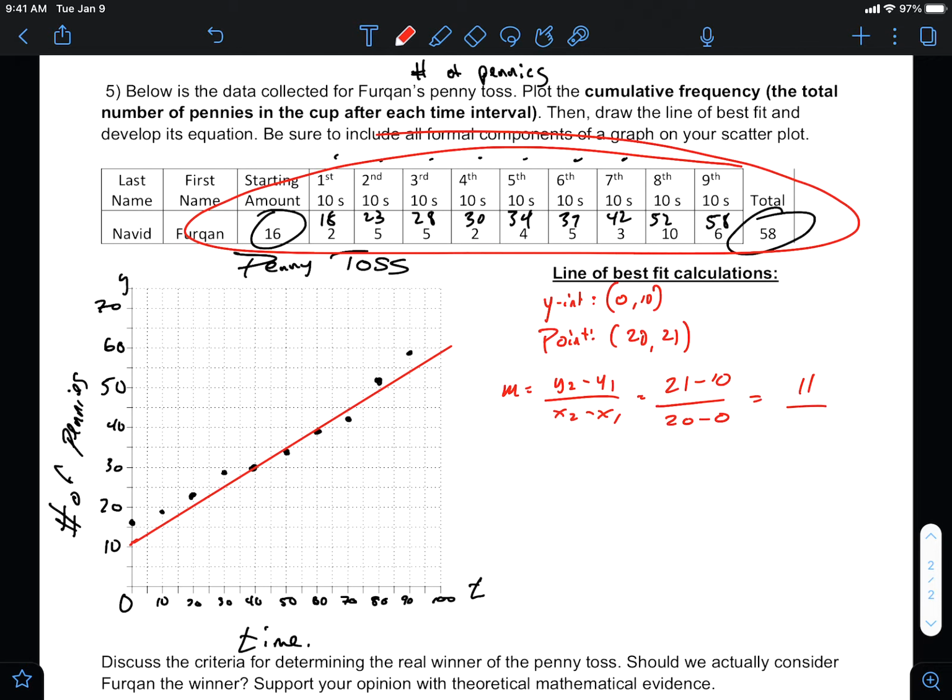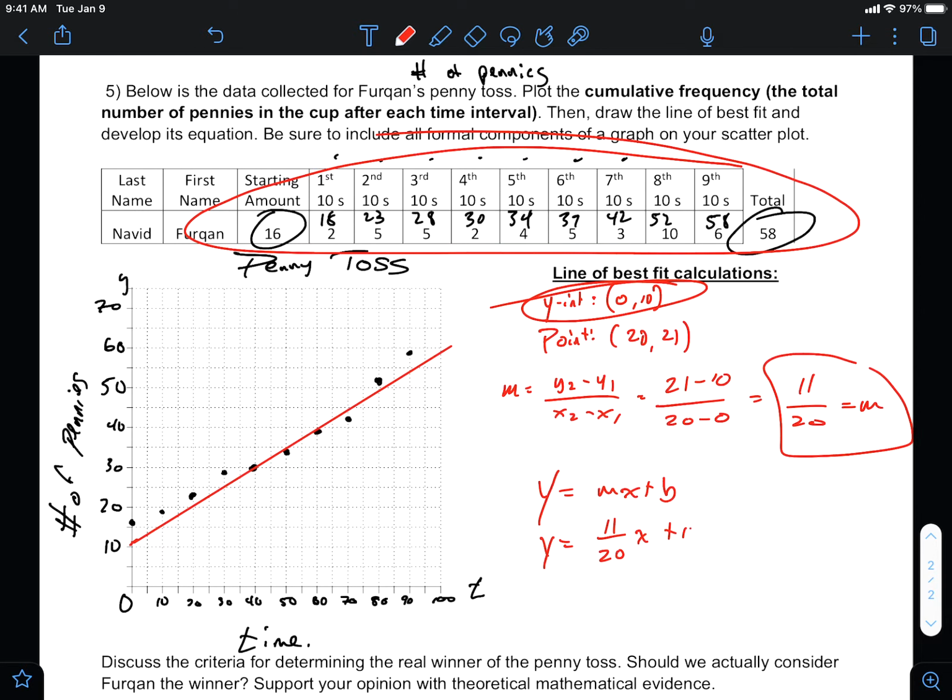It's 11 over 20, so m is 11/20. Then you can write your equation of the line of best fit. You know the y-intercept is (0, 10), so b is 10, and m is 11/20. There's your equation of the line of best fit. Does anybody have any questions?